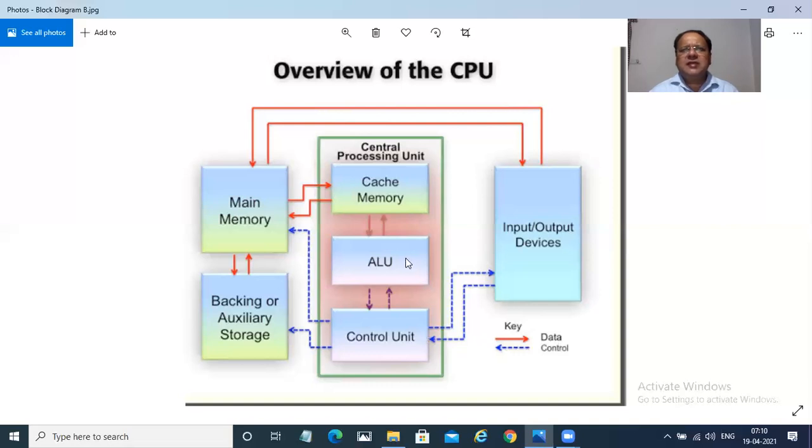So this is the processing depending on the type of instruction. There is no fixed flow, but this is the general working.